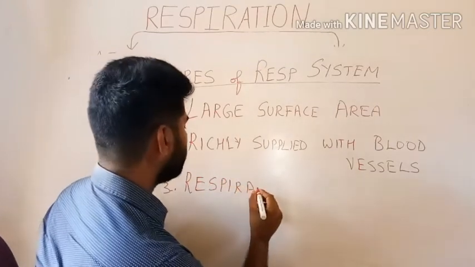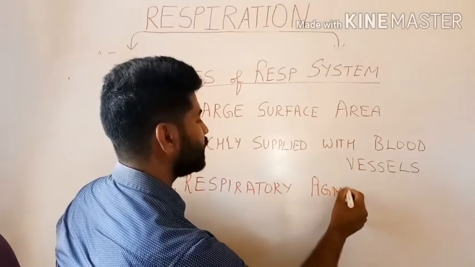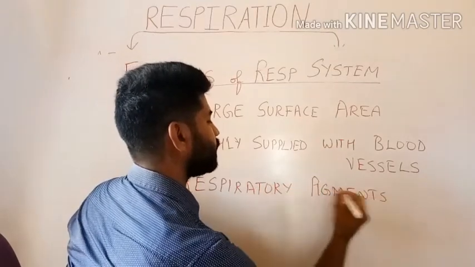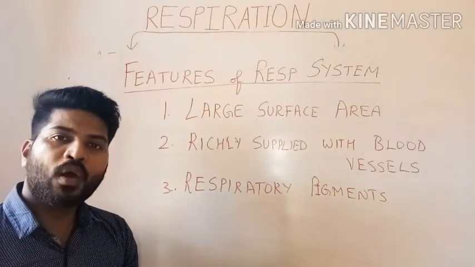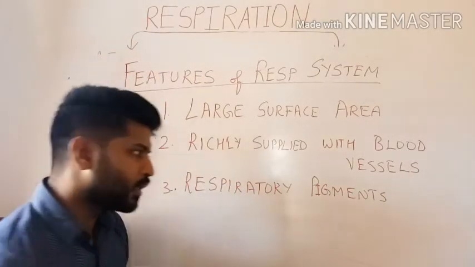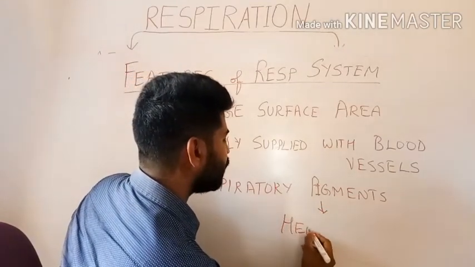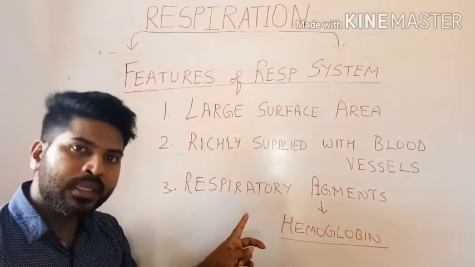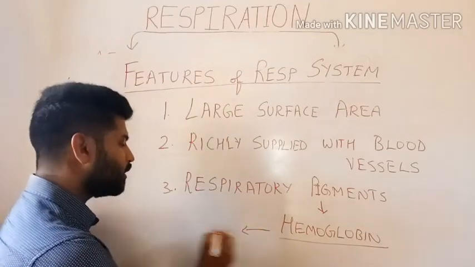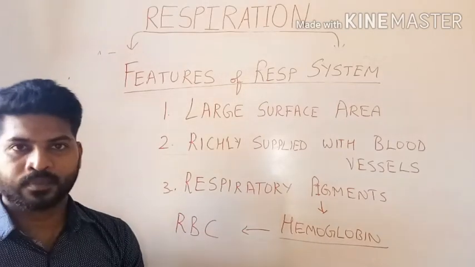These pigments will help in transporting the oxygen and carbon dioxide. For example, in the case of human beings, hemoglobin. This hemoglobin pigment is present on the red blood cells.